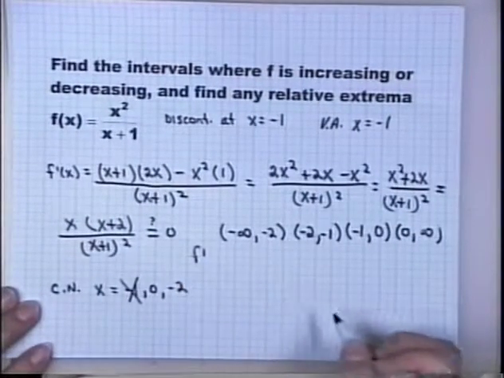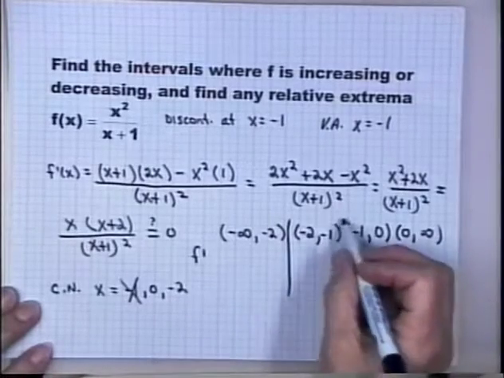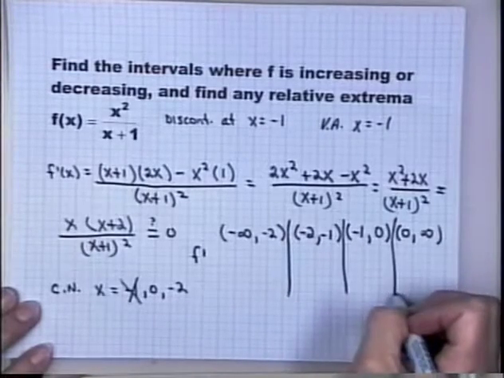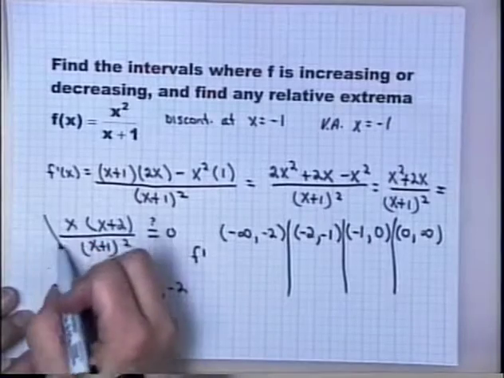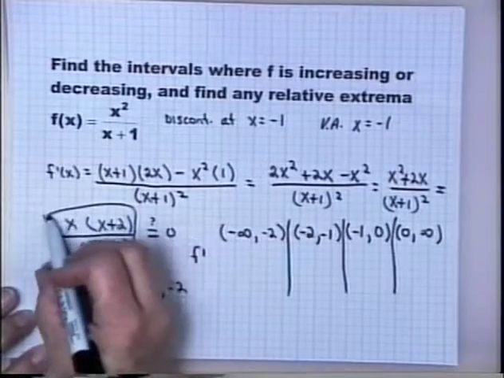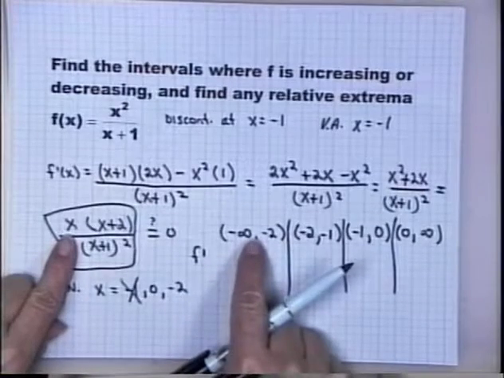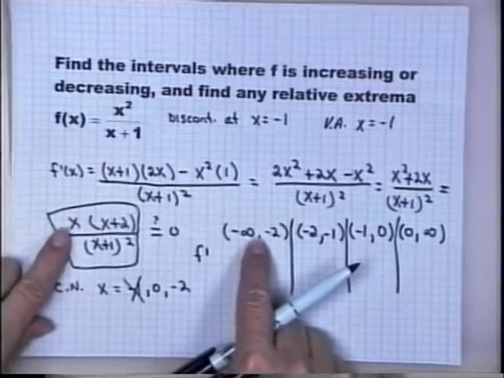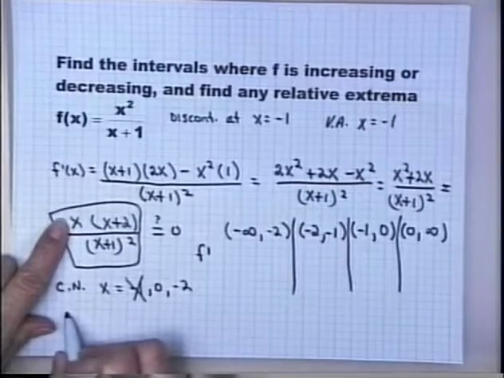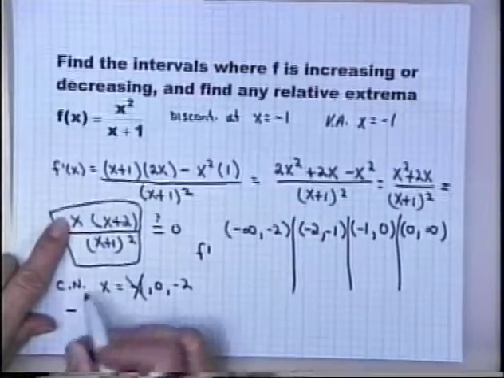Remember, we're looking at the sign of f prime on each of these intervals. The best place to go is this final little factored form right here. What is the sign of the derivative? Well, let's pick a test number here. Let's say negative 3. Well, this factor would be negative if x is negative 3.